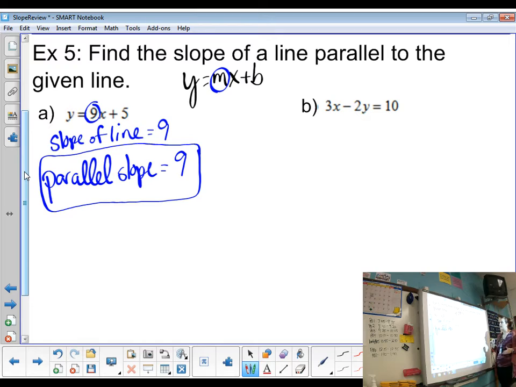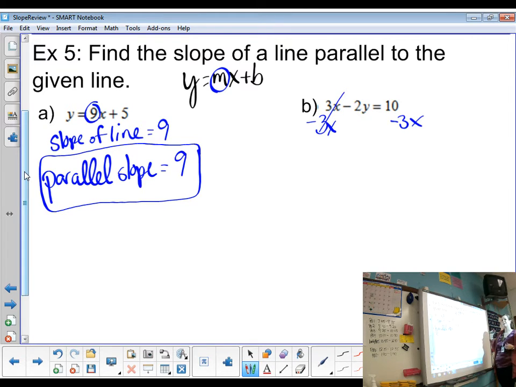So with part B, we have 3x minus 2y equals 10. This one is not currently in slope-intercept form, so I need to put it into slope-intercept form. And this is going to be using the technique that we learned in one of the other videos that I posted about isolating the y term to find the slope. So the first thing you want to do is subtract the 3x from both sides.